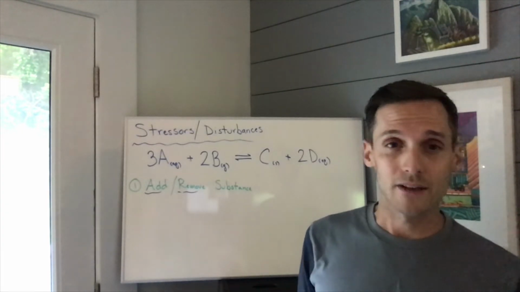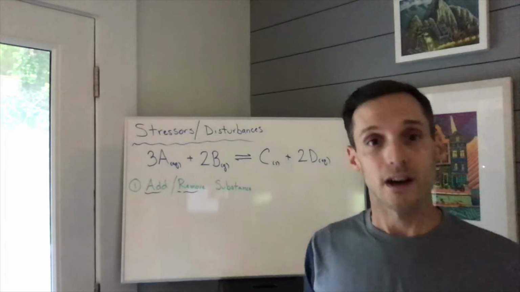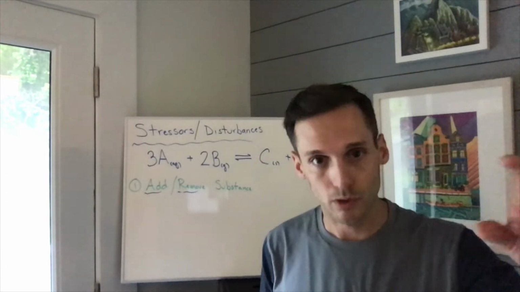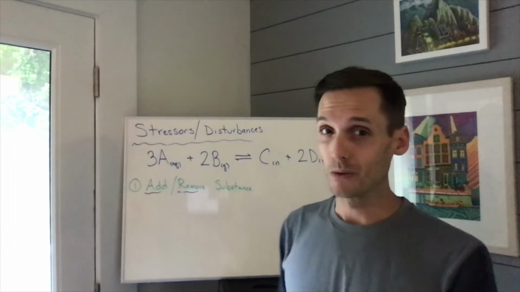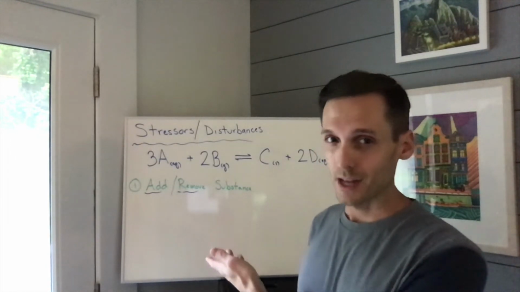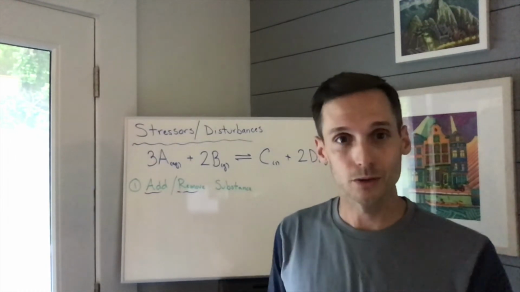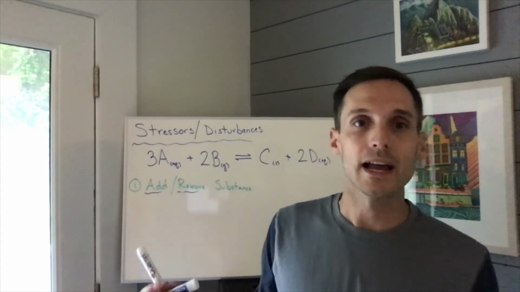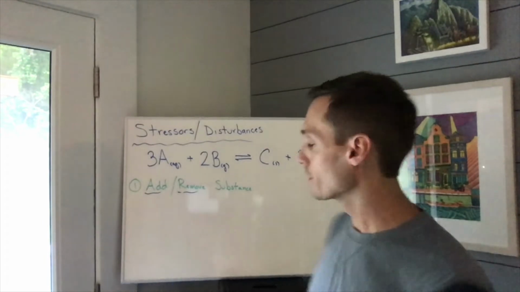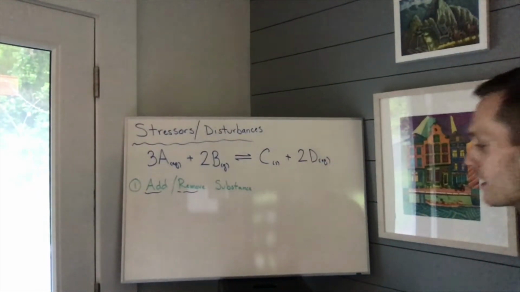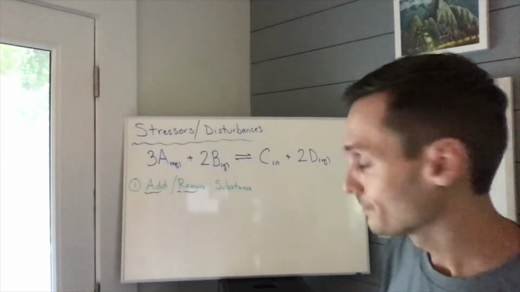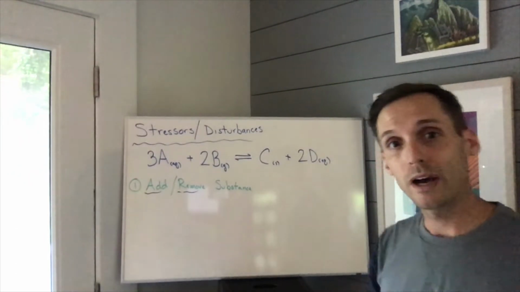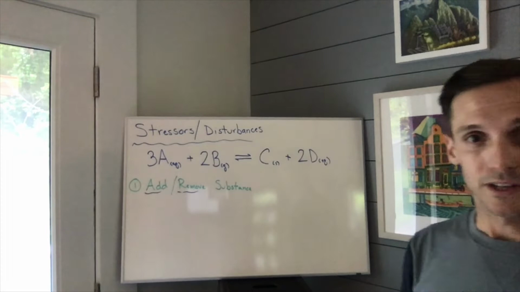Hopefully you realize now that quantitatively we define our equilibrium of a reaction as the concentration of products over reactants. Well, if you change the concentration of a product or a reactant by adding or removing it, you're obviously going to throw it out of equilibrium, okay? So this is the easiest one. Maybe you guys were thinking about that as a disturbance because that would be a very simple way to throw a reaction out of equilibrium, okay?